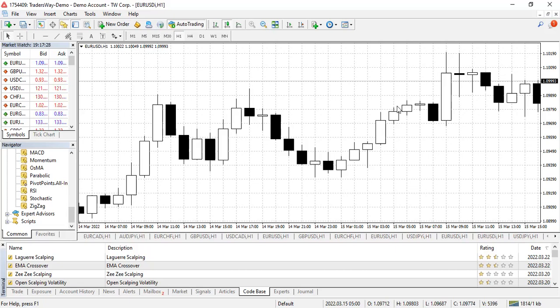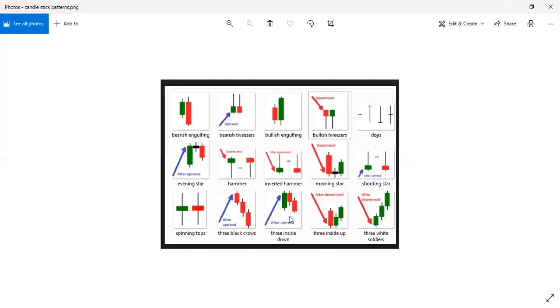So we have another candle called Marubozu. Let me show you here. So we don't have a Marubozu here. Let me describe how it is.